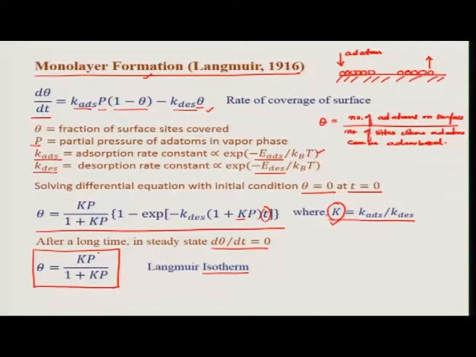Now, it is noteworthy that you will never get complete coverage because of this expression. Because there will always be some desorption. As soon as one atom is desorbed, the site will become vacant.